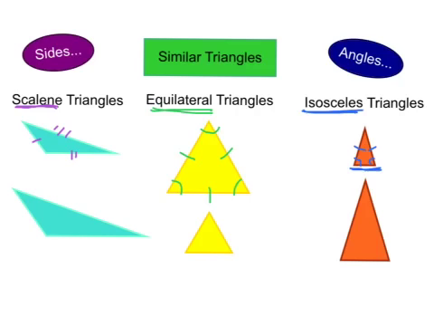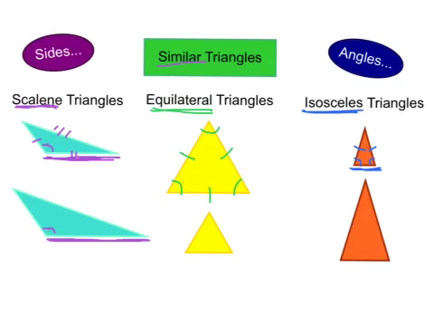Now, when we look at triangles that are similar, what that means is that this side right here on our scalene triangle is in relation to this side on our scalene triangle, because notice they're in the same location, if you want to say, because these angles on the inside are equal.